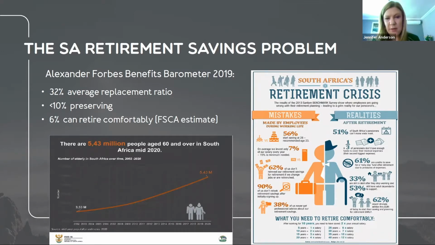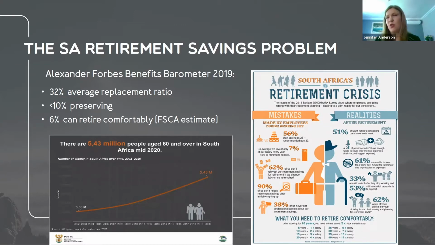Of all of those people, the average replacement ratio when they retire is only 32%. Practically, what that means is if you're earning 10,000 Rand a month before you retire, when you retire, you're only going to have 3,200 Rand a month. That's way lower than you need to be able to retire comfortably, according to all the studies.